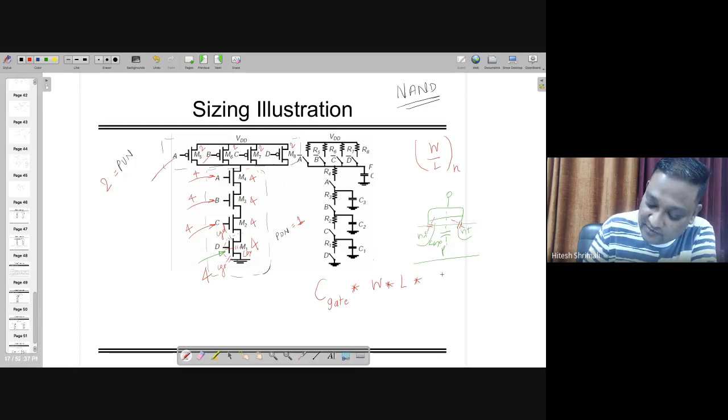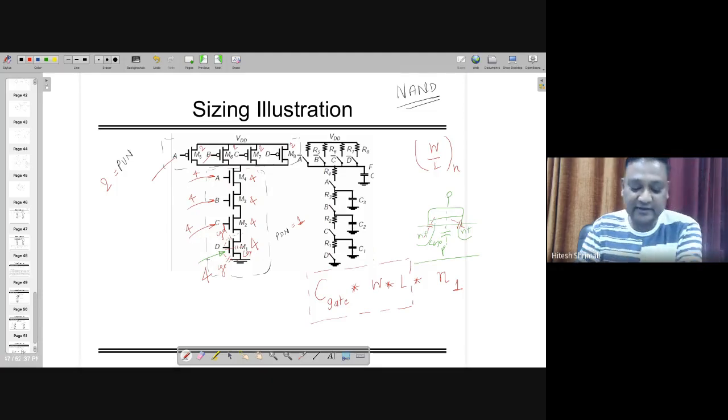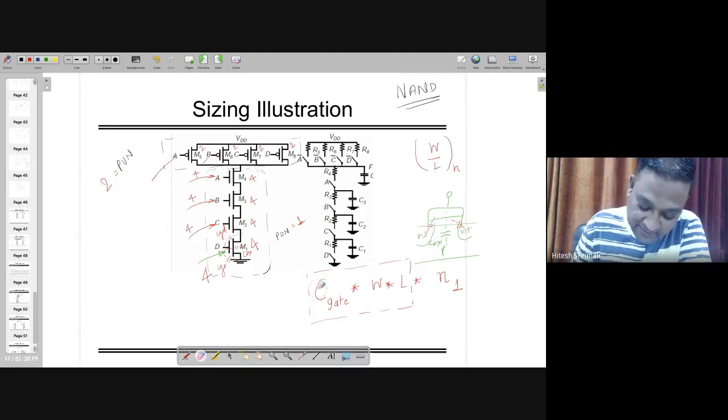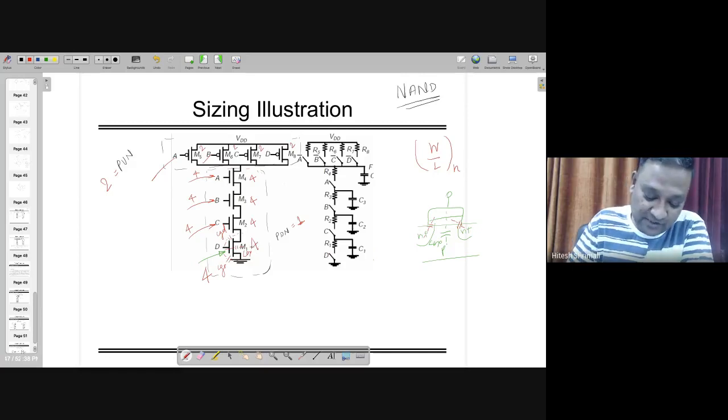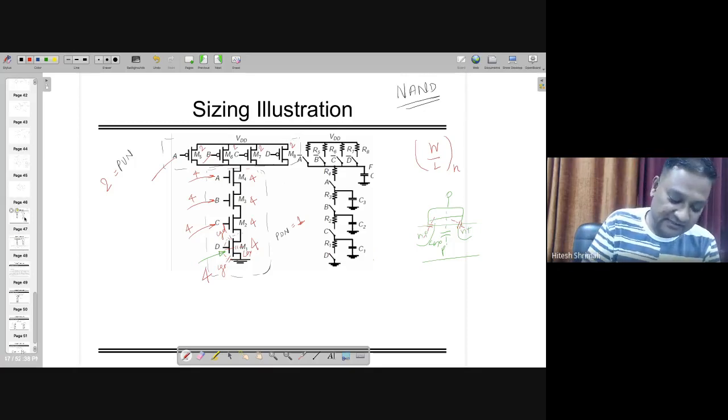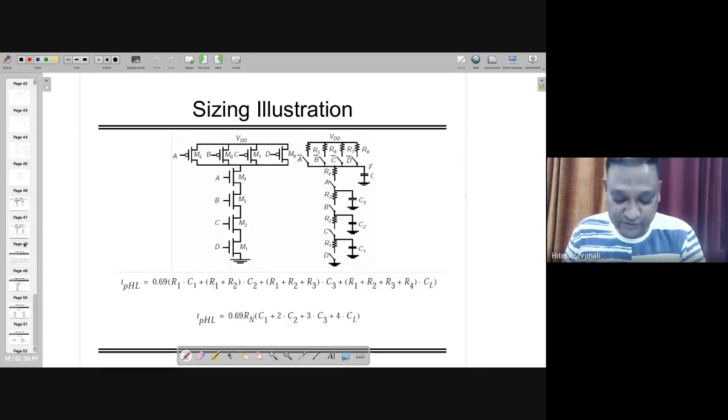So let's call this number N or N1. So this whole thing is normalized with this one. So what I'm writing here is N1. So it's directly proportional to the number which we are taking in terms of the ratio. So if this ratio is 4, the input capacitance looking into this gate is 4. Similarly, for this one it is 4, and so on. And for these cases, those are 2 each. Okay. These are just numbers. We are going to use them in future very soon.